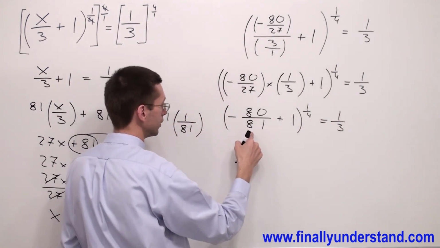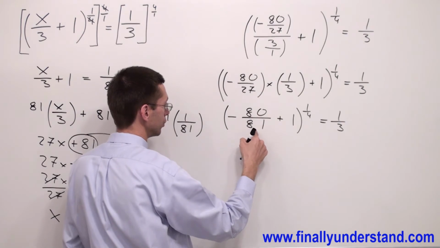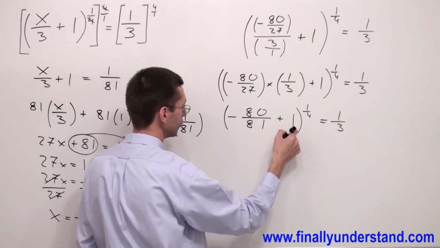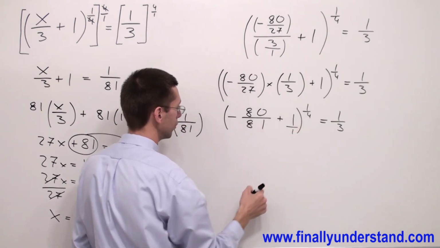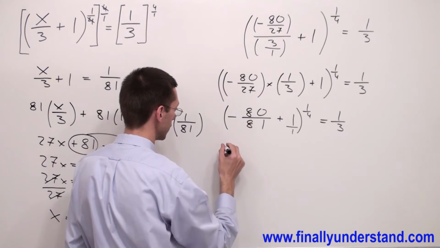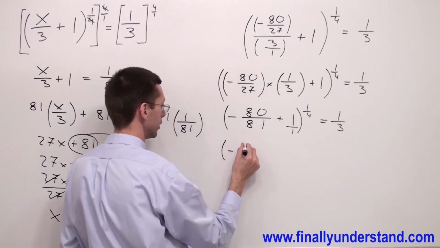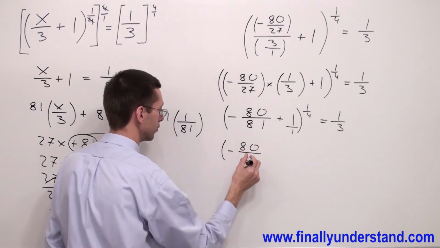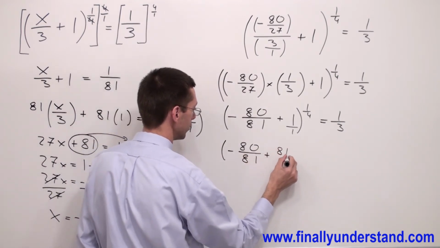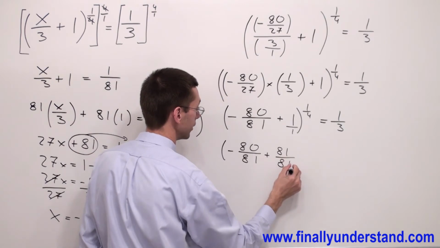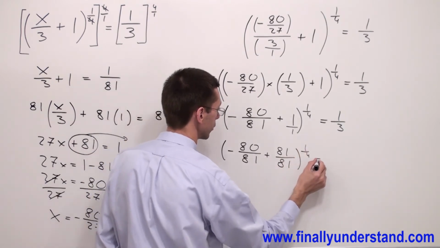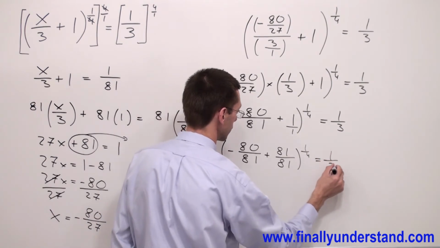Now I have to add these two numbers, and I can convert this 1 to a fraction by writing 1/1. The common denominator for 1 and 81 is 81. That's why I'm going to have negative 80 over 81 plus 81 over 81, to the power 1/4, equals 1/3.